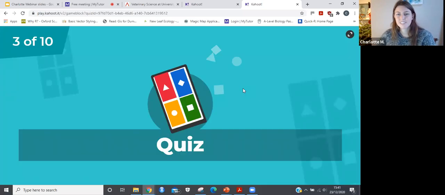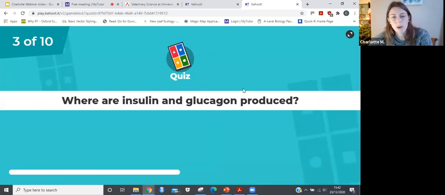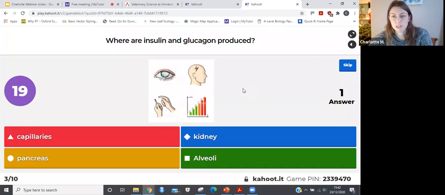Okay. Question 3. Where are insulin and glucagon produced? Is it the capillaries, the pancreas, the kidney, or the alveoli? 10 more seconds. Where are insulin and glucagon produced?